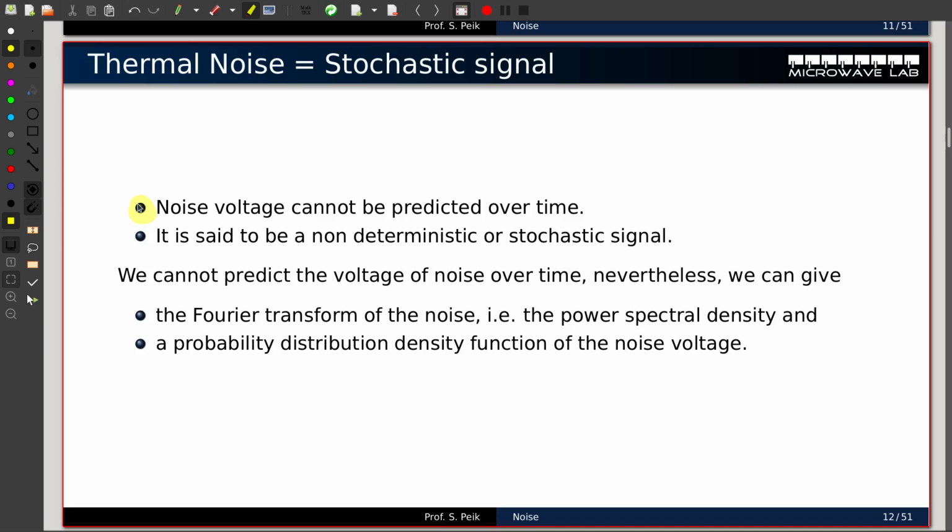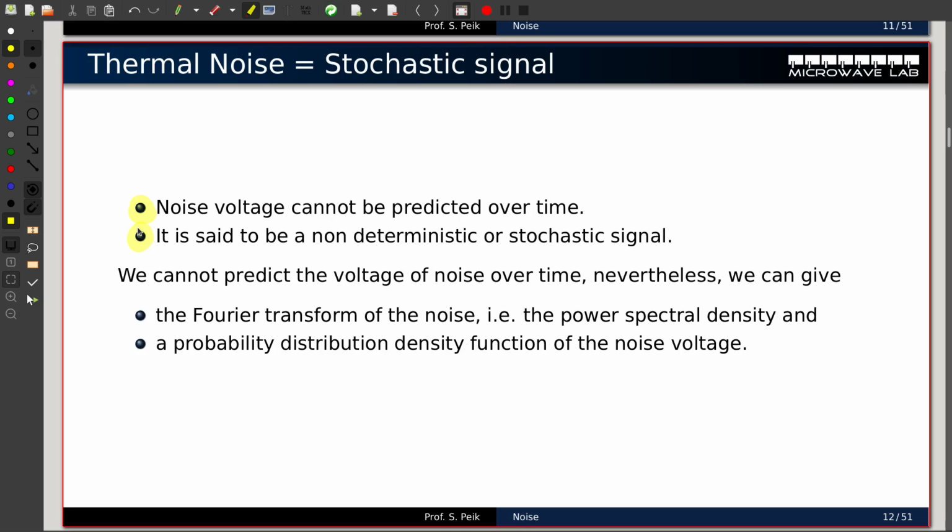That means it's totally arbitrary. There's no way to figure out what my noise voltage is going to be in 2 seconds. So that's why it's called a non-deterministic or stochastic signal. Most likely you have heard about stochastic signals. They're everywhere in engineering.